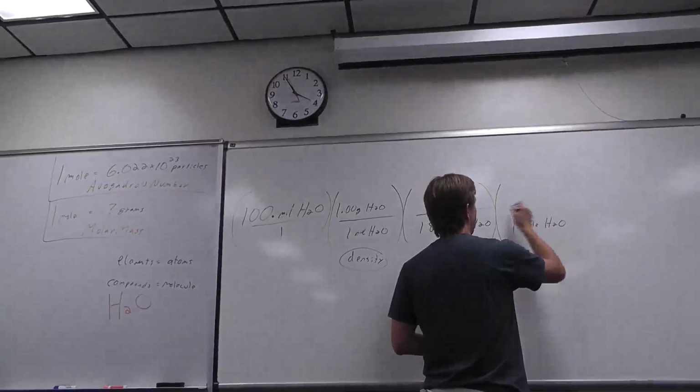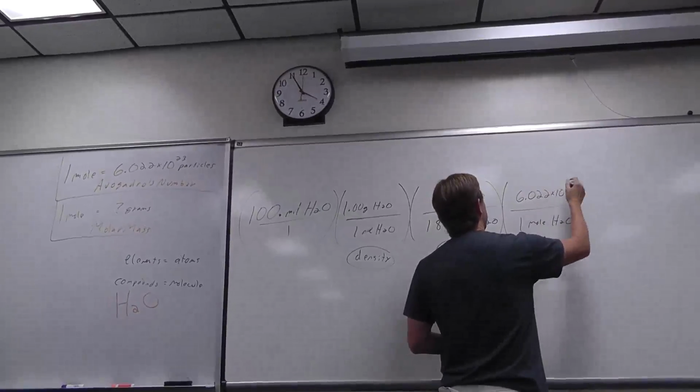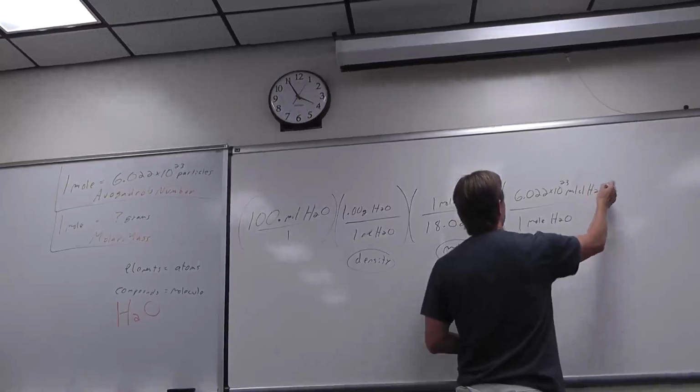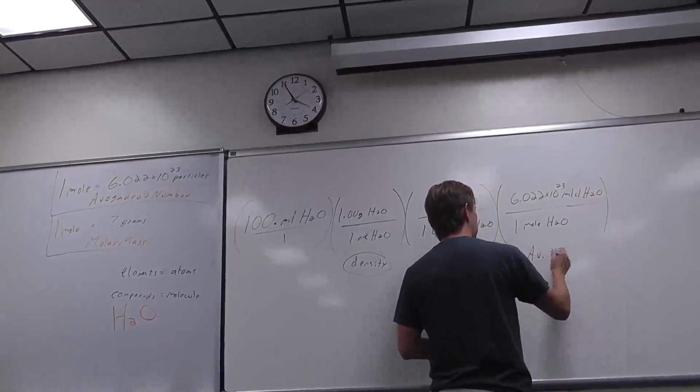One mole of water being 6.022 times 10 to the 23rd molecules. This is Avogadro's number.